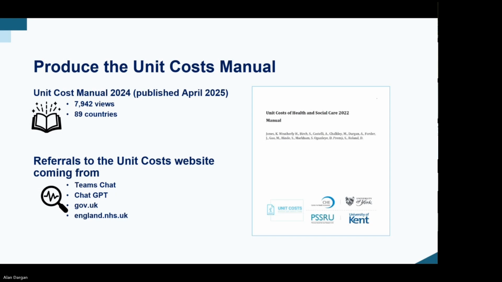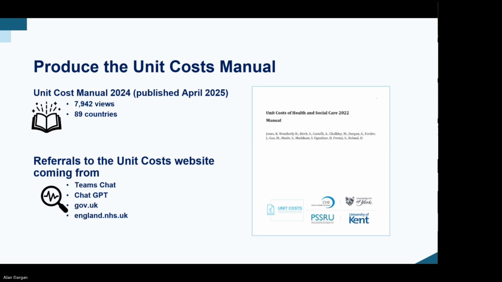And this gives you an example of how valued, or how interested, people are in the unit cost manual, because Alan did some data analytics for us, and we saw within a period of about 6 months that there were almost 8,000 views of the 2022 version of the manual, and this came from 89 countries.